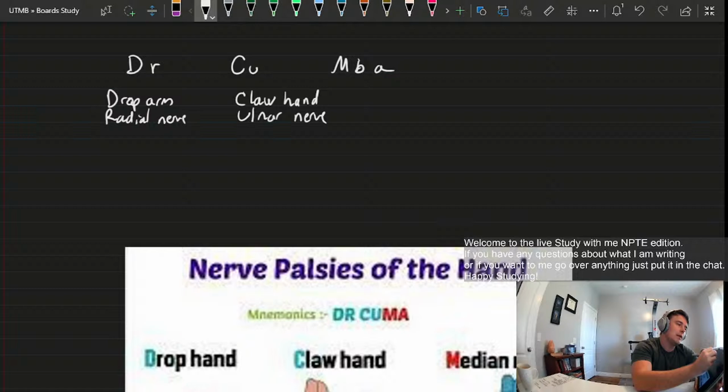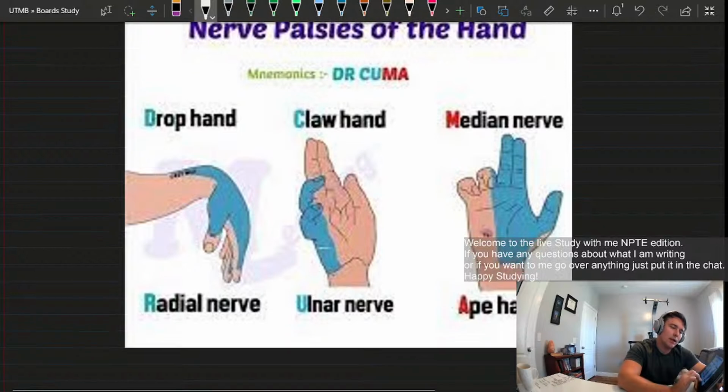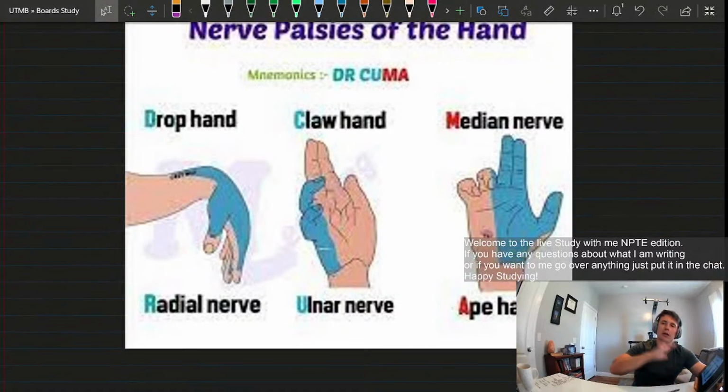And then you've got the median nerve, which is the benediction, or the ape hand. Okay, so median nerve, ape hand, or the hand of benediction.